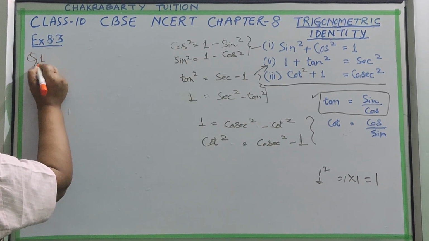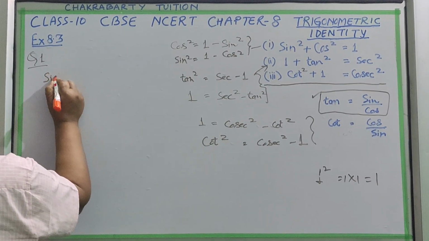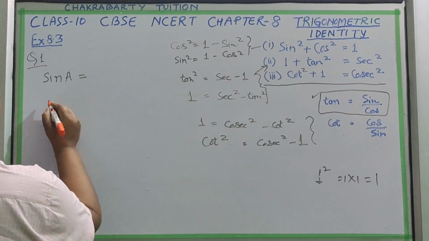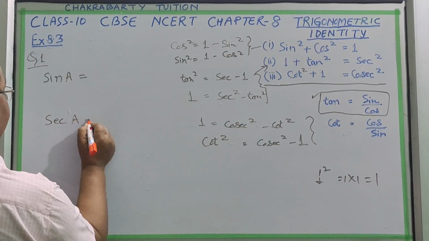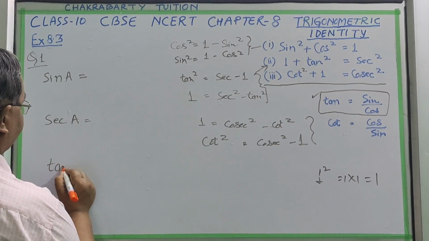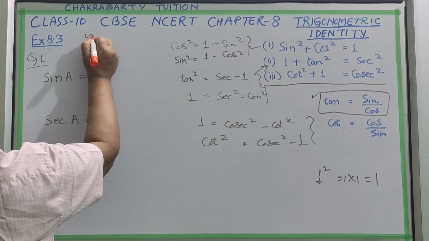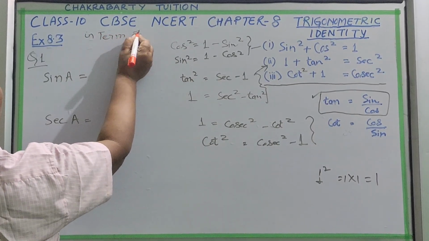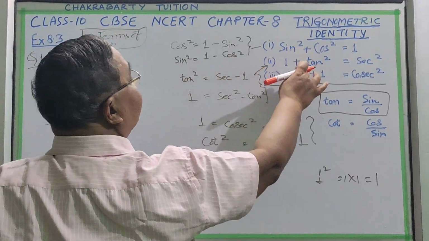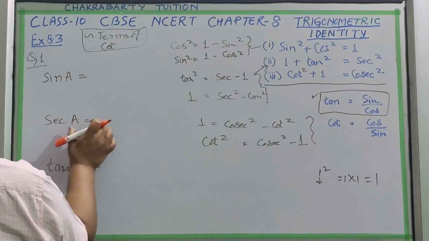In question 1 they are saying you have to write the ratios of sin A, sec A, and tan A in terms of cot A. Your answer should have cot in it.